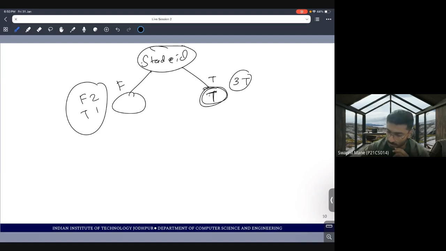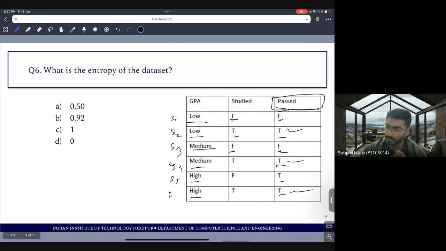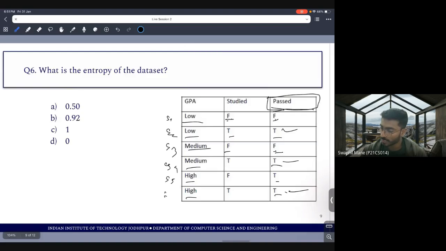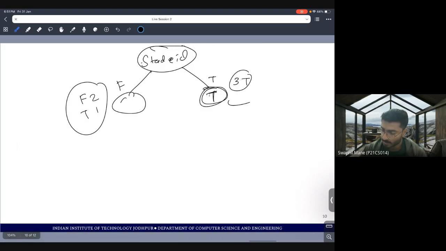If that particular student studied, then it is already a pass, right? We can take that decision from the already existing transaction data, already historical data, right? Then we have to see the GPA. Let's take GPA.